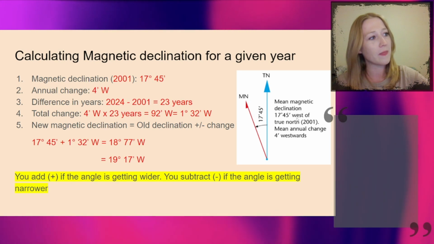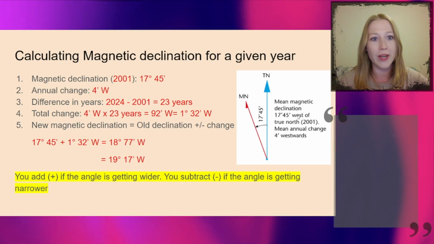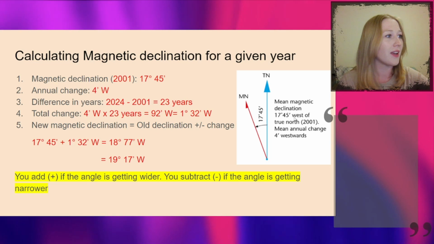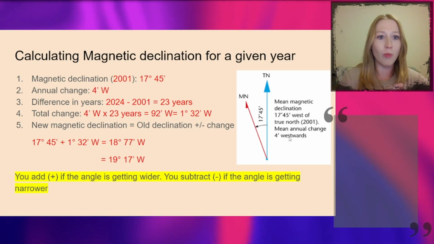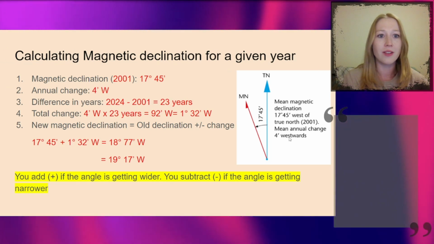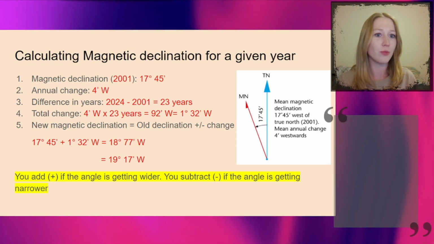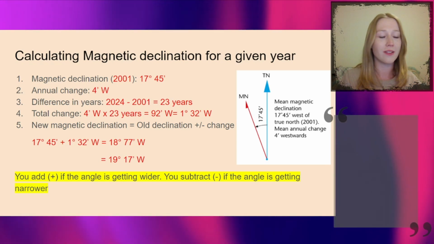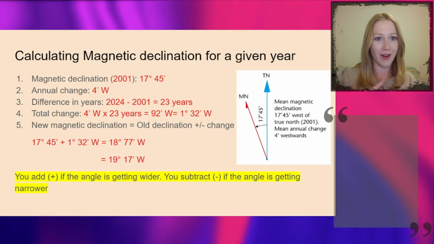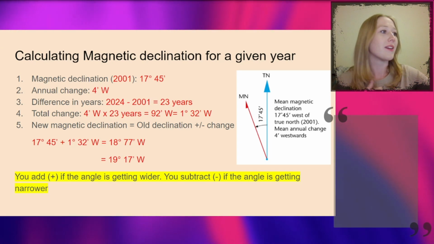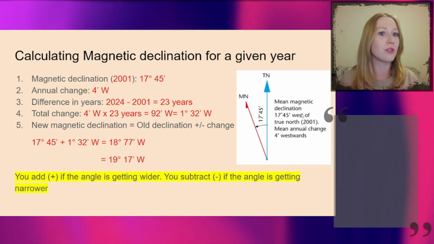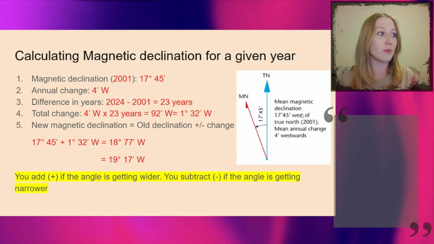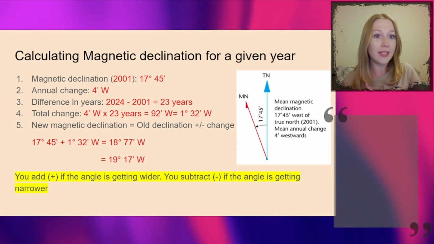We know that the declination is already to the west, right? And it's moving more to the west. So if it's west and it's moving more west, you're making it bigger. You're adding it. Let's say the declination was to the east and it's moving every year towards the east.